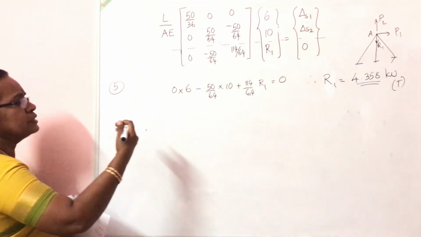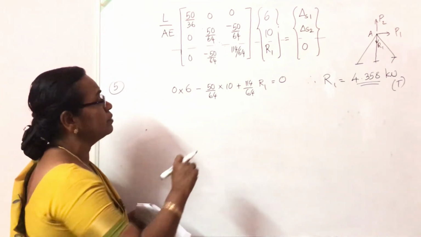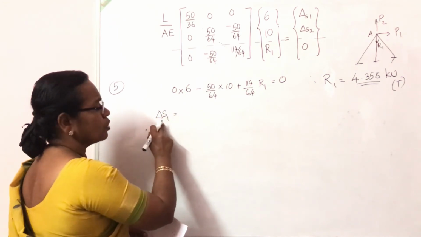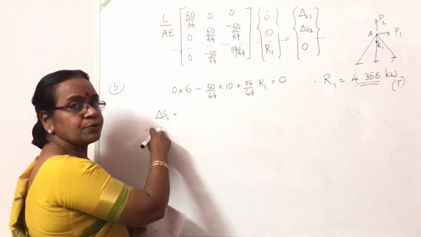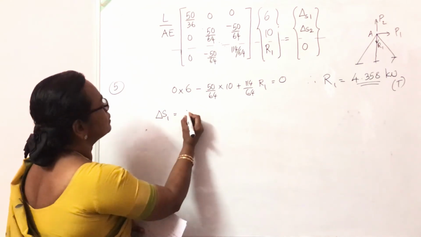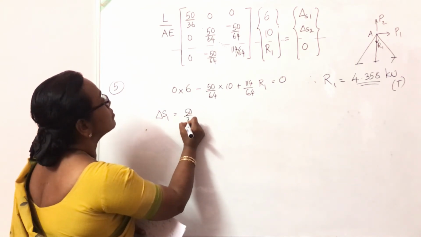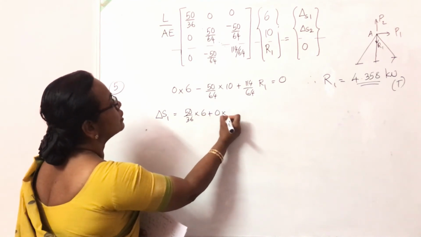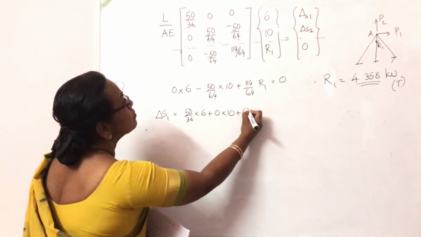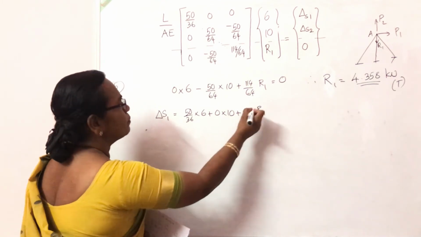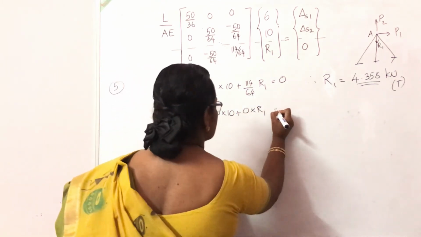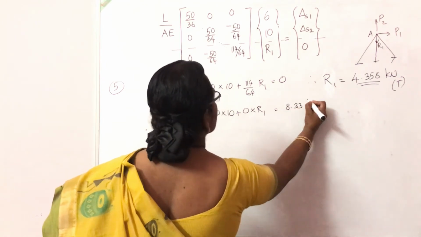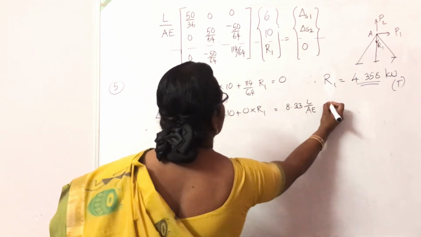Now if the question asks for the joint displacements, I can write out delta S1, the joint displacement. This is not mandatory. If it is asked in the question, you can do this. Delta S1 is nothing but 50 by 36 into 6 plus 0 into 10 plus 0 into R1. So it is independent of R1. So we will get delta S1 is equal to 8.33 L by AE.